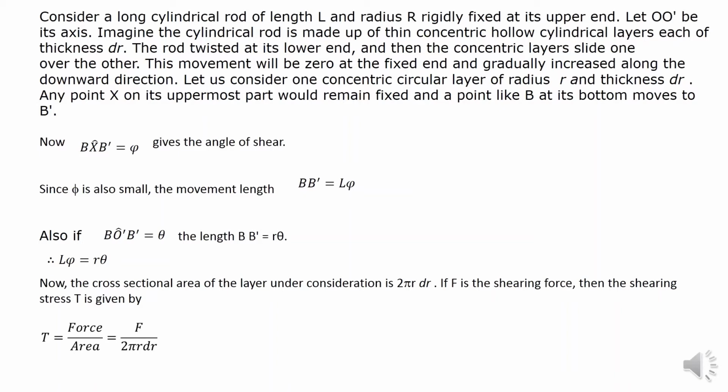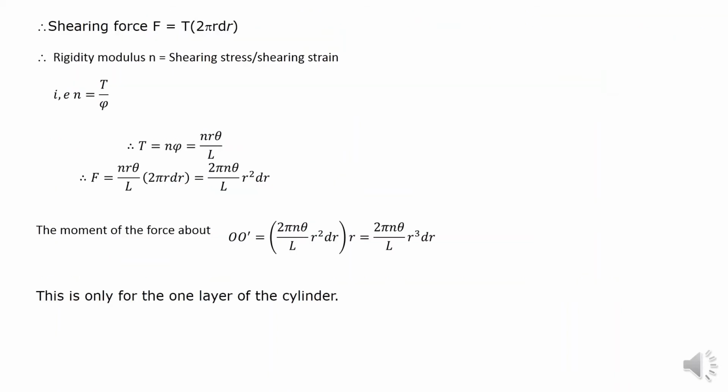Now, the cross-sectional area of the layer under consideration is 2 pi r dr, and if F is the shearing force, then the shearing stress T is given by force by area, which is equal to F by 2 pi r dr. Therefore, shearing force F is equal to T into 2 pi r dr. We know that rigidity modulus n is equal to shearing stress divided by shearing strain, that is n is equal to T by phi.